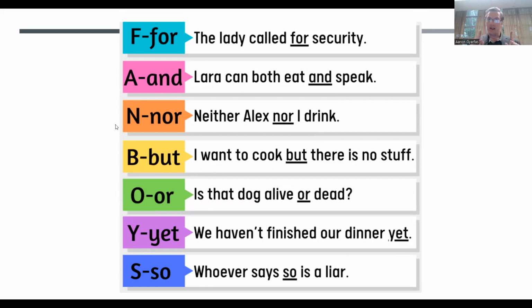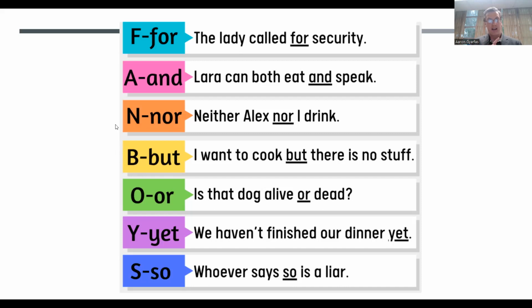Okay, this for, as in the example you see, when we talk about a coordinating conjunction, it's not going to be a preposition as you see in this example. This example would be a preposition. We're going to look at the coordinating conjunction. Yet, as we see in this example, is your adverb.